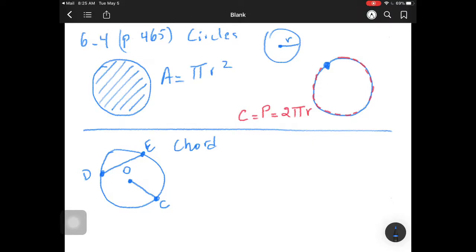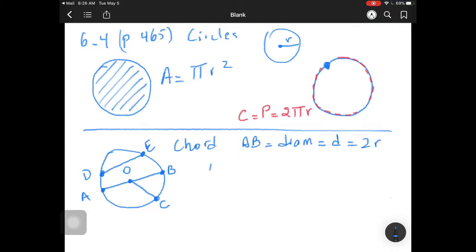Let us take a diameter. This is the diameter. Let's call it AB. And the diameter, sometimes we refer to it as D, is twice the radius, 2 times the radius.